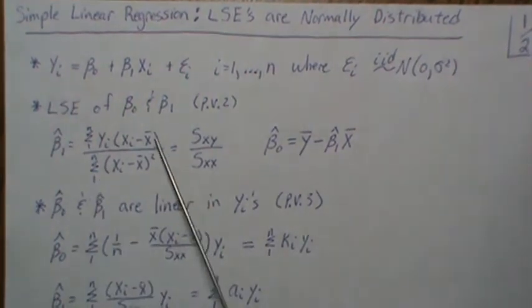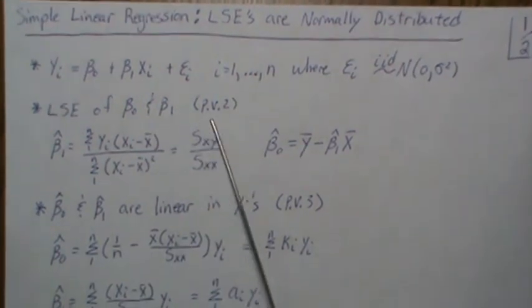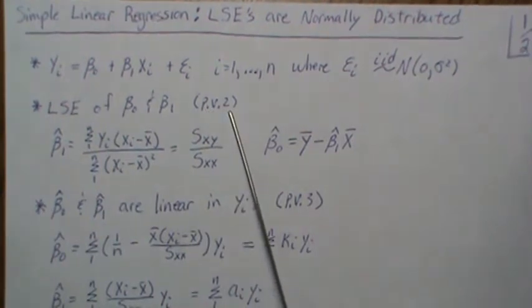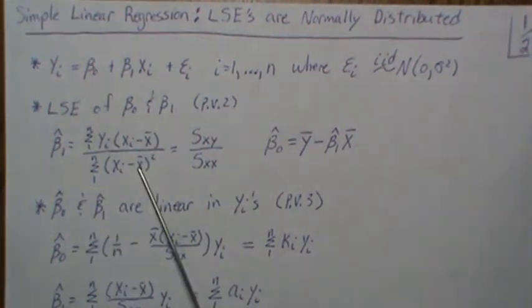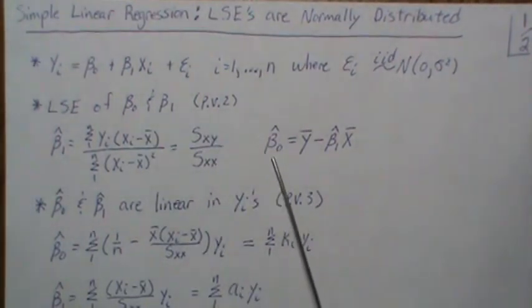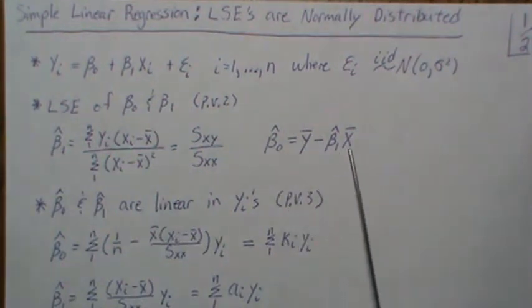The least squares estimate for beta 1, from previous video number 2 in the playlist, was this. We called it generically SXY over SXX, and the least squares estimate for beta 0 was this.